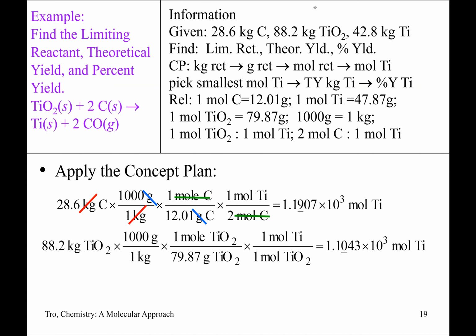So you want to see which one gives you more moles of Ti. For the TiO2, convert the mass from kilogram to gram first. Then you convert to mole, and then find out how much of the product you're getting if you use the entire TiO2. Which one is the limiting reactant?